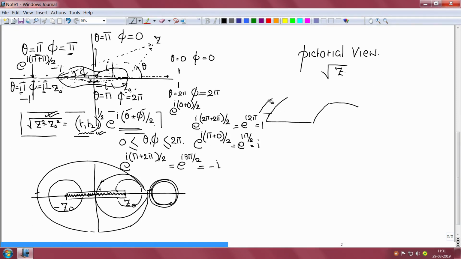I have a sheet over here, let us say, which comes up here, and then I have another sheet which goes here.